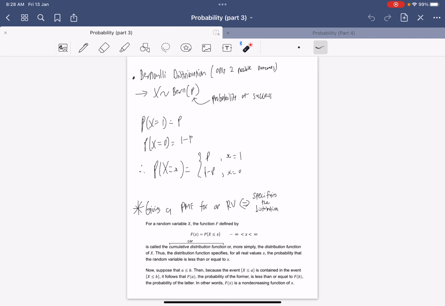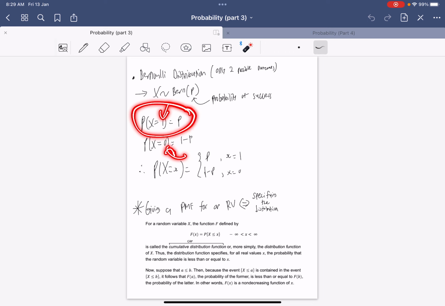Now a common type of distribution with a given name is called the Bernoulli distribution, and that's for an experiment that only has two possible outcomes. We usually denote it as X follows a Bernoulli with probability p of success. We denote the success as 1 and the failure as 0.